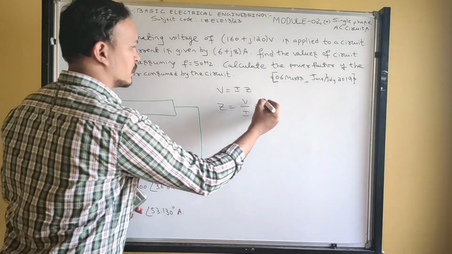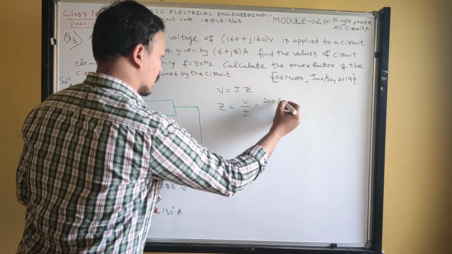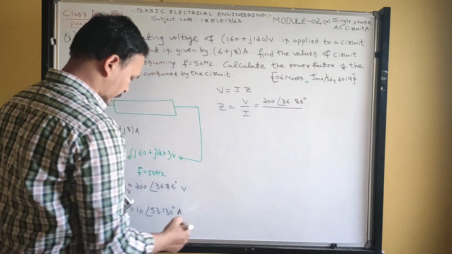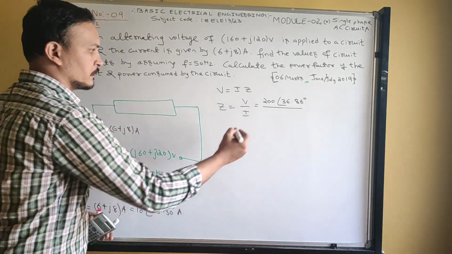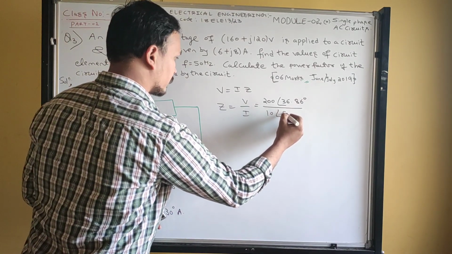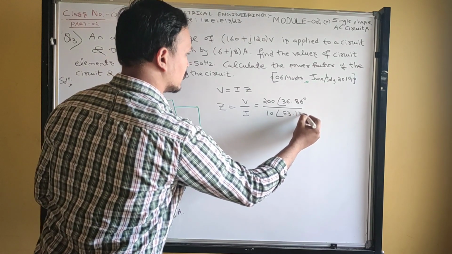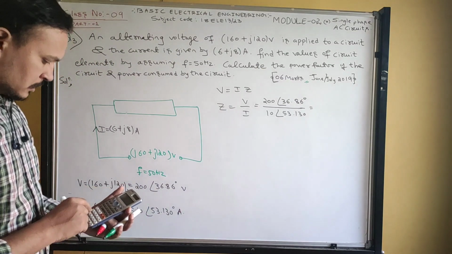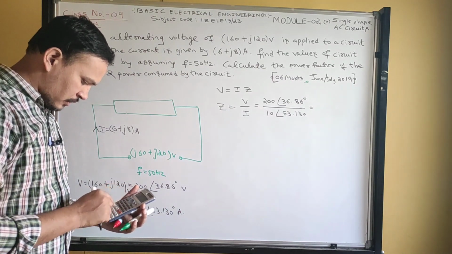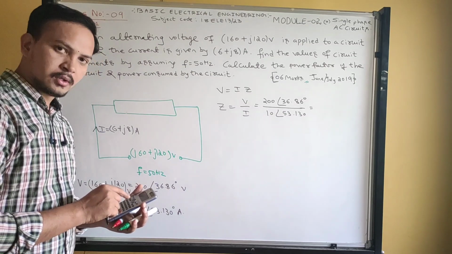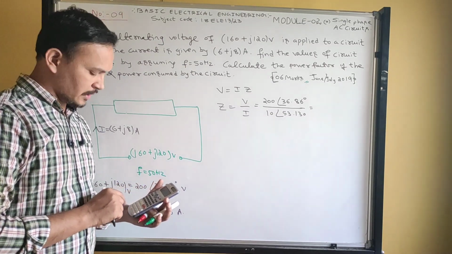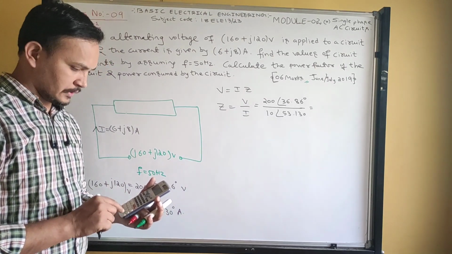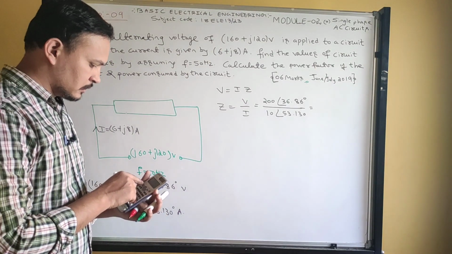You write the polar form: 200 at an angle of 36.86 degrees divided by the current, 10 at an angle of 53.13 degrees. You do it in the calculator; do it along with me.